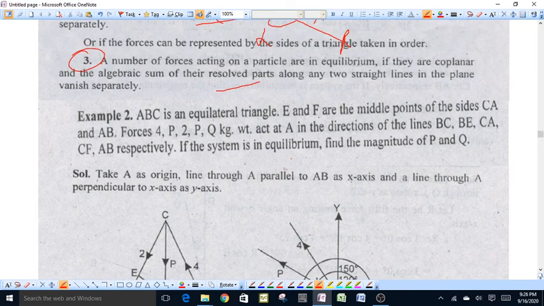Suppose we have an example. Suppose ABC is an equilateral triangle, and E and F are the middle points of the sides CA and AB. Forces 4P, 2P, Q, and so on kilogram weight act at a point in the directions of lines BC, BE, CA, CF, AB respectively.